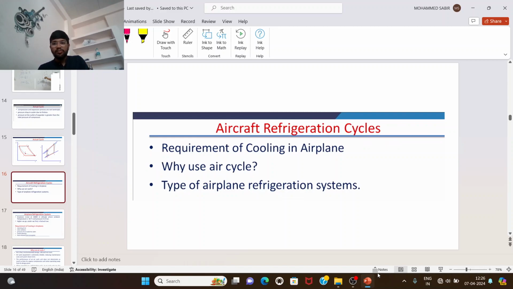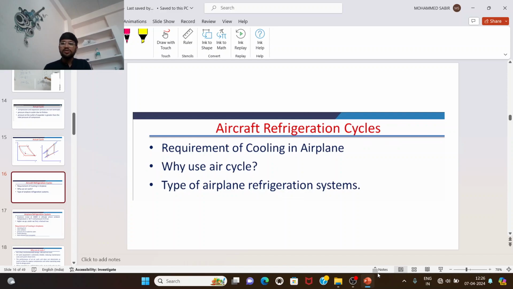The reason is so simple: the air which passes through an aeroplane has a speed, and corresponding to that speed the temperature comes to approximately 30 degrees Celsius. Because of this temperature increment, we have to cool it.